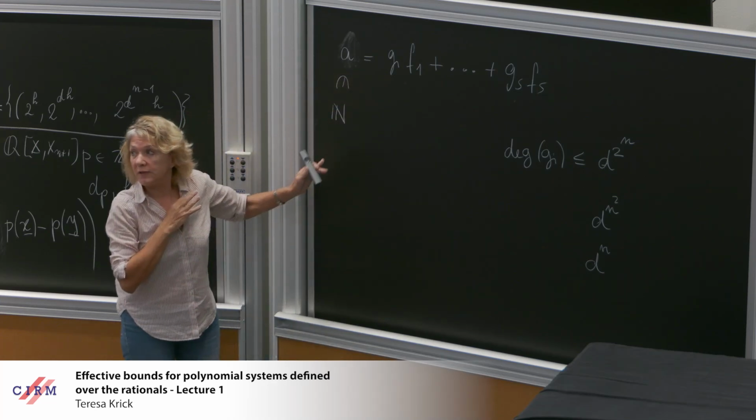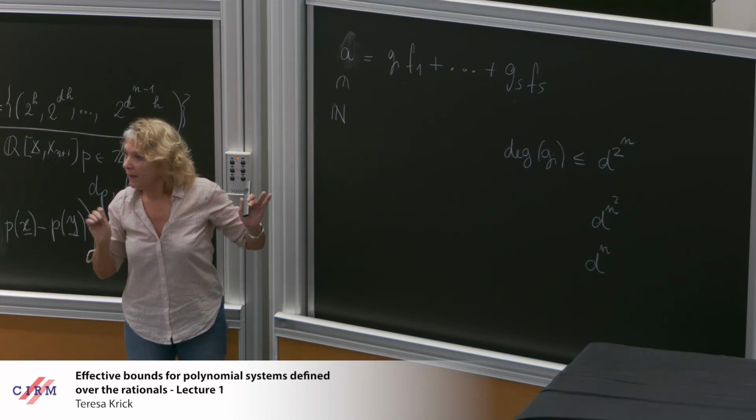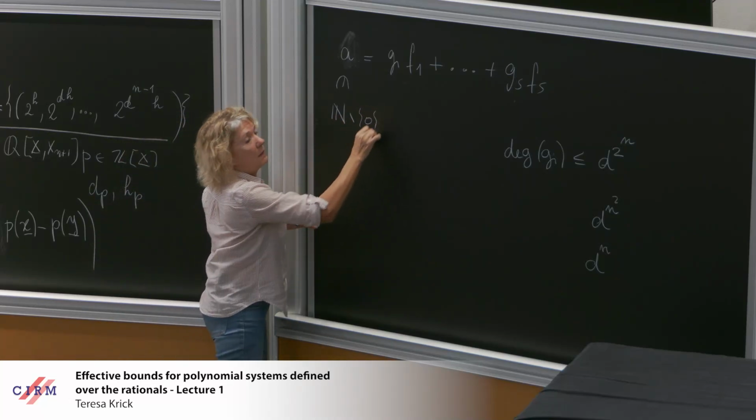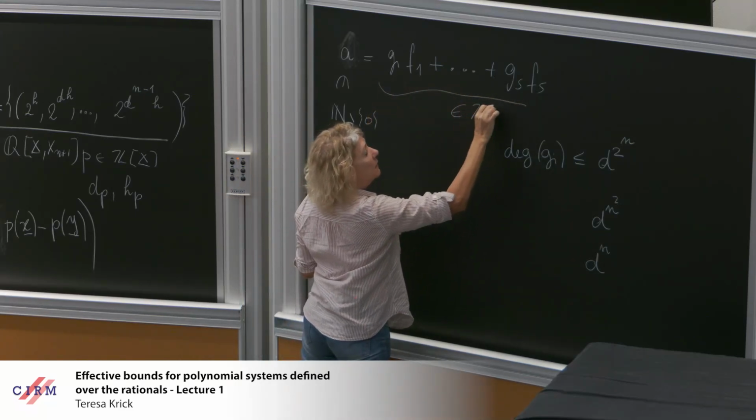For me, natural numbers are non-zero, but I know that in France, 0 is in the naturals. And everything here will be in Z[X].